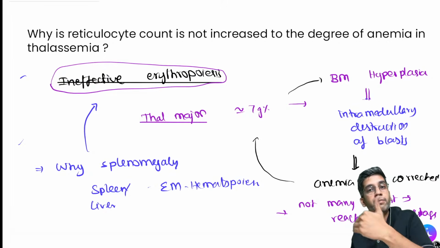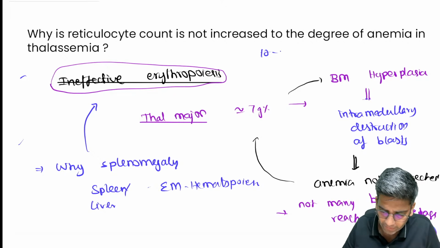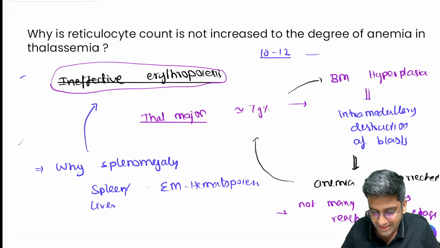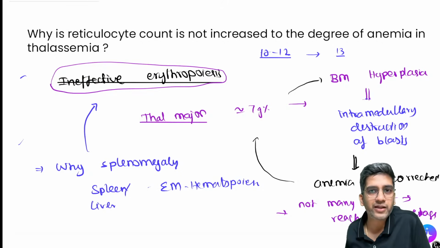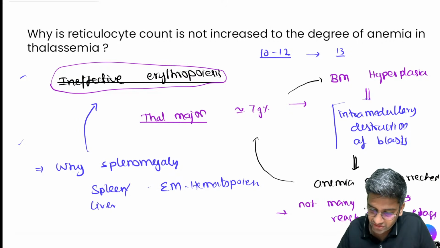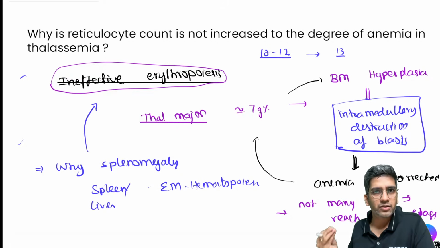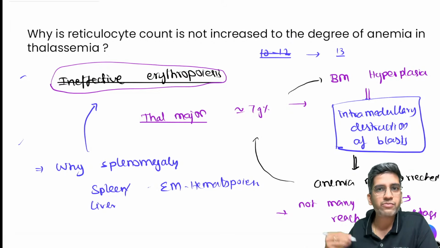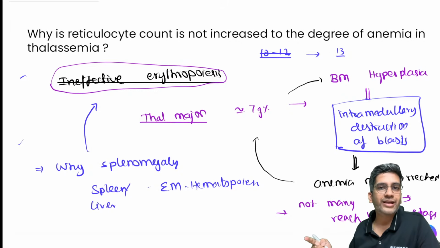Plus, I need not replicate 100, 200% of my effort because it's already in the range of 10 to 12 approximately. Even if I can increase to, let's say, 13, that's enough for me, right? So I'm not losing much, so I need not replace much. Second, this destruction is not going to be that great in case of a thal trait because it's a minor pathogenesis. That's the reason I'm reaching 10 to 12 itself, right? So still they can escape, still a good amount of retics can come outside.